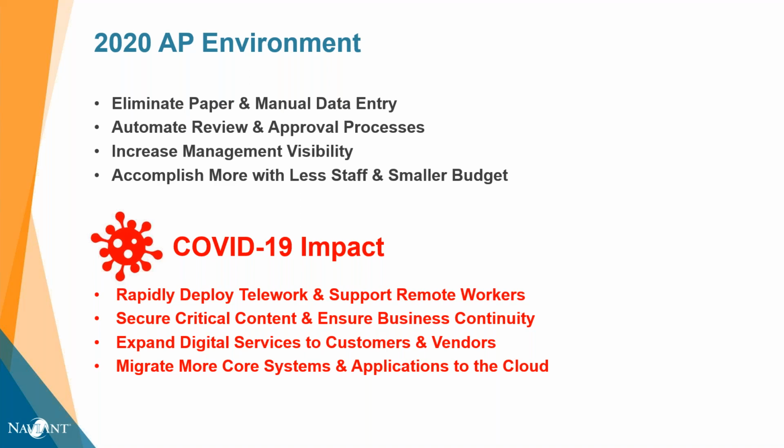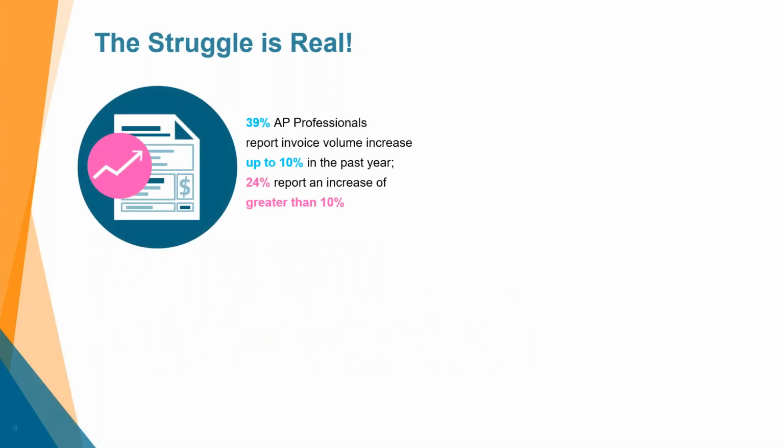And the good news is all of the solutions we're going to talk about today support all of these new normal objectives. Because in AP, the struggle is real. Paper and manual data-intensive tasks lead to high AP transaction costs and increased expectations and delays in processing time to pay an invoice.